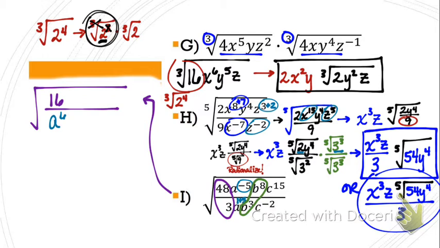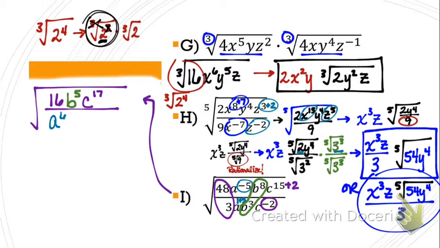So it's going to be b to the 5th, top or bottom? Top. B to the 5th. And then with c, add those. So plus 2. C to the, sorry, I wrote 7 and I meant to say 2. I was thinking 17. My brain was adding them already. So c to the 17th.